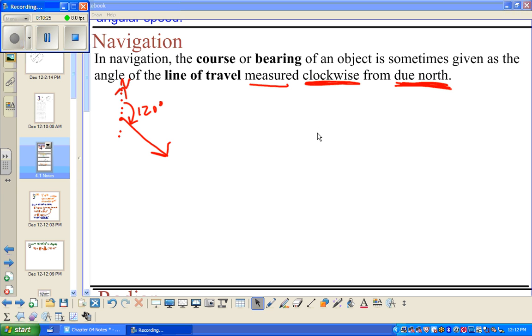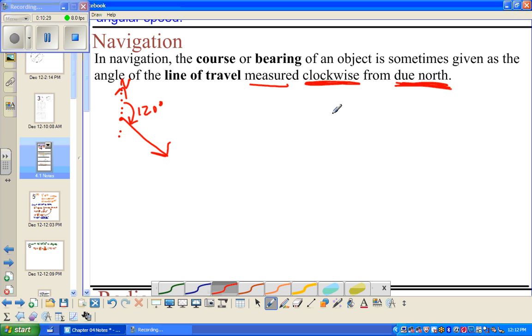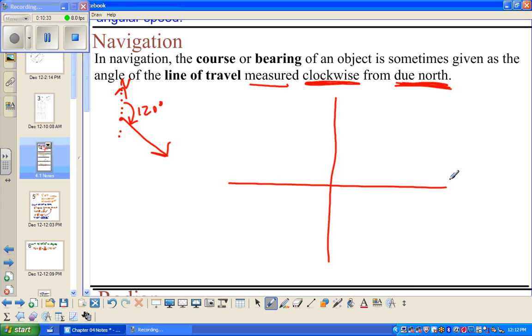Along with this, you would have to know basic compass readings. So you should realize north, south, east, and west. You all know that.